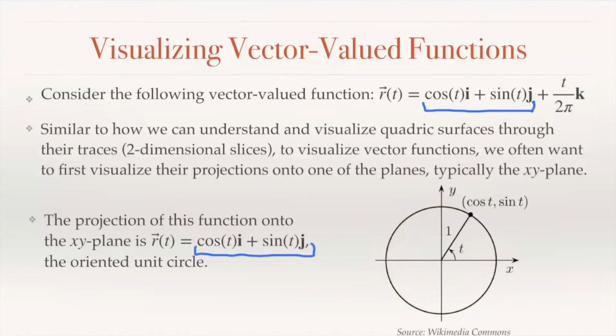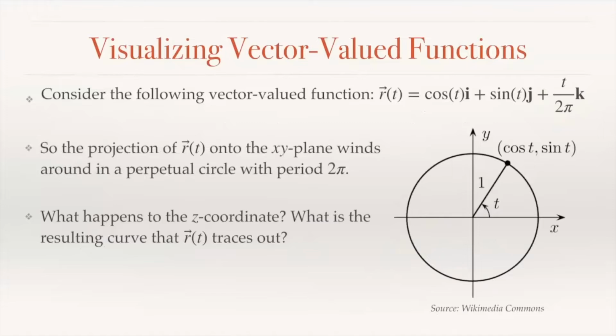Let's think about what that might look like. Well, as t increases, t over 2 pi is going to be increasing. So the projection on the xy plane winds around in a perpetual circle with period 2 pi.